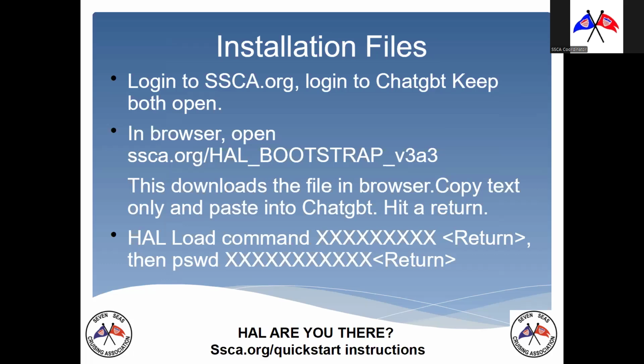This downloads the file in the browser. You copy the text only, and you paste just that text into ChatGPT and hit return. And then you will say HAL:ready and hit return, and then the password.